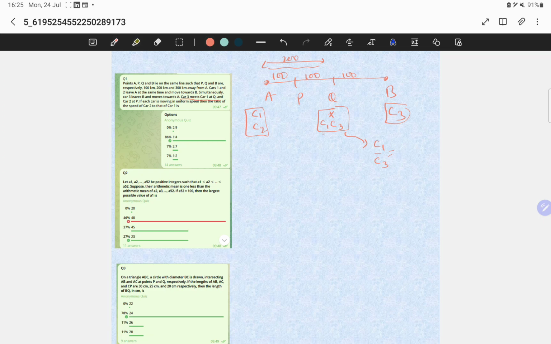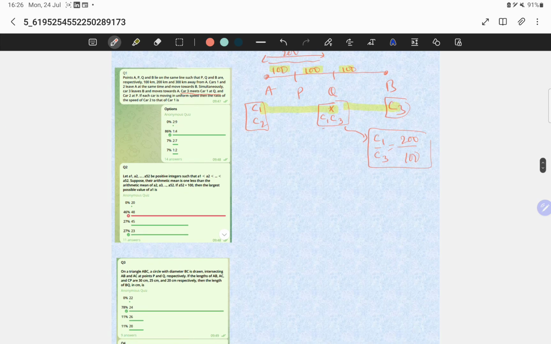C1 traveled from A to Q, basically 100 plus 100, 200. C3 traveled from B to Q, so basically 100. So the C1 to C3 ratio is 2:1.